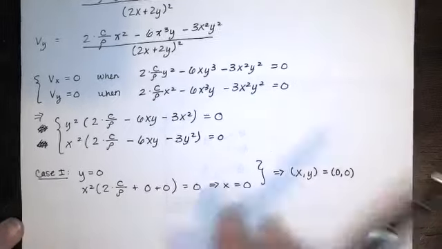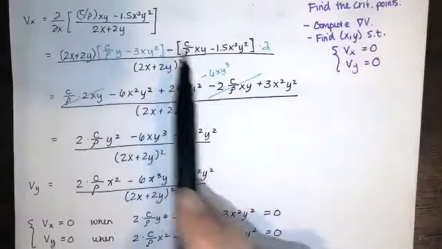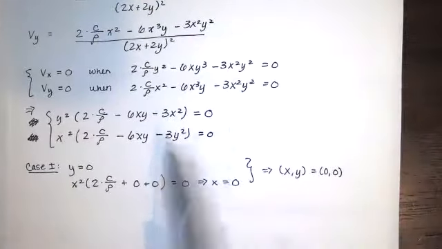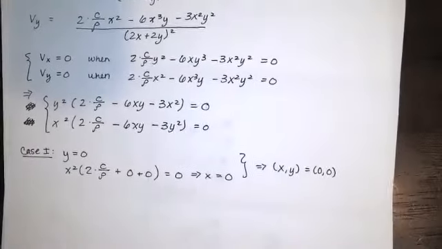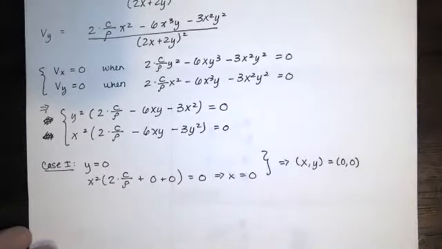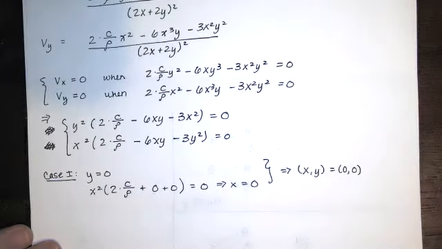So that is not actually a critical point of this function. It would have been if the denominator wasn't 0. But this is a solution of this system of polynomial equations. It's just not a solution that we're looking for because it's not in the domain that is implied by the application that we're examining here.